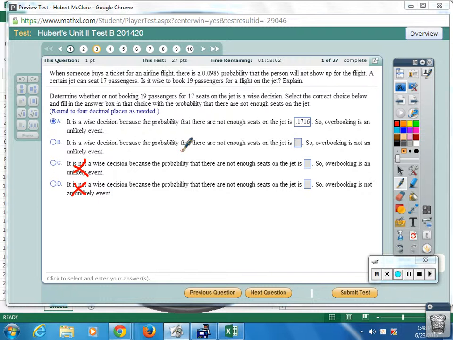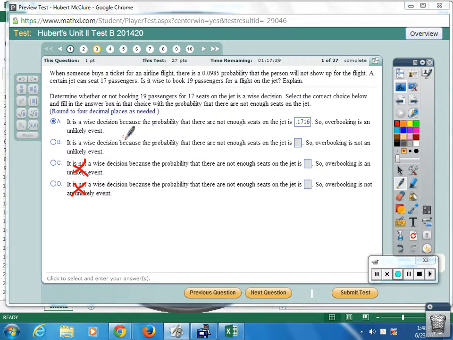It is a wise decision based on the probability that there are not enough seats on the plane. So overbooking is not a what? Unlikely event. Overbooking is when you have too many.